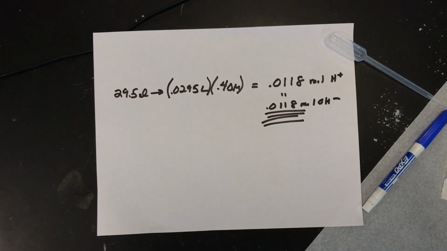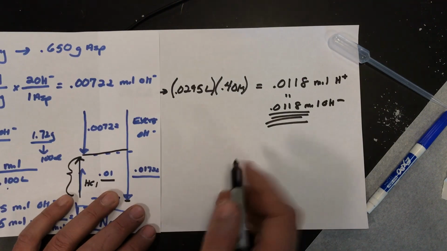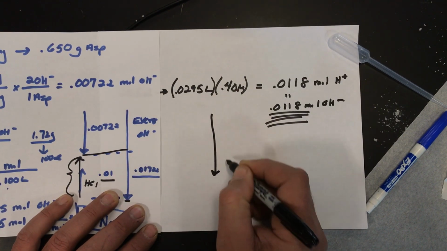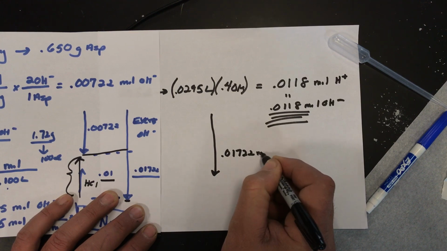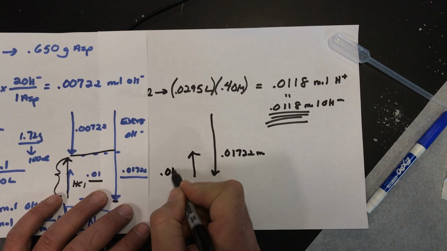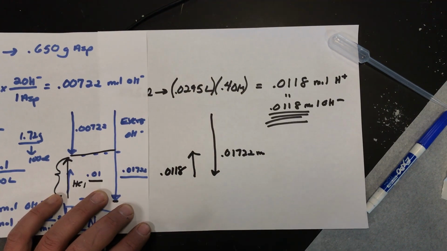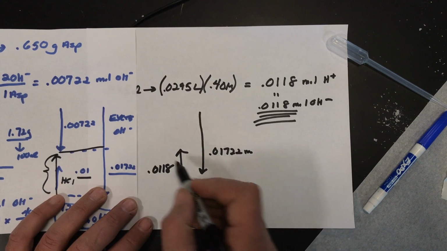So back to our original values here, we added 0.1722 moles. We titrated back 0.0118.